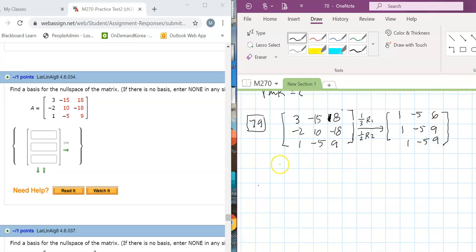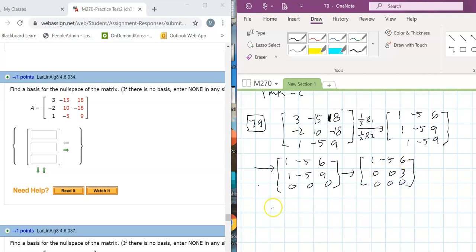Okay. So now this is 1, -5, 6, 1, -5, 9, 0, 0, 0. So here, 1, -5, 6, 0, 0, 3, 0, 0, 0. Let me go one more step. So 1, -5 is going to be 0 and 0, 0, 1, 0, 0, 0. So what that means is C1 minus 5C2 equals 0 and C3 equals 0.